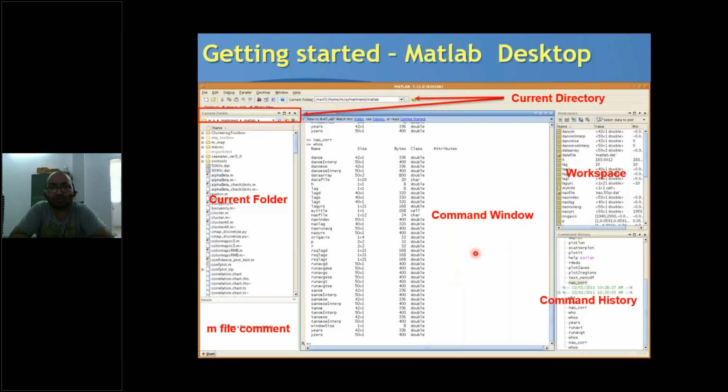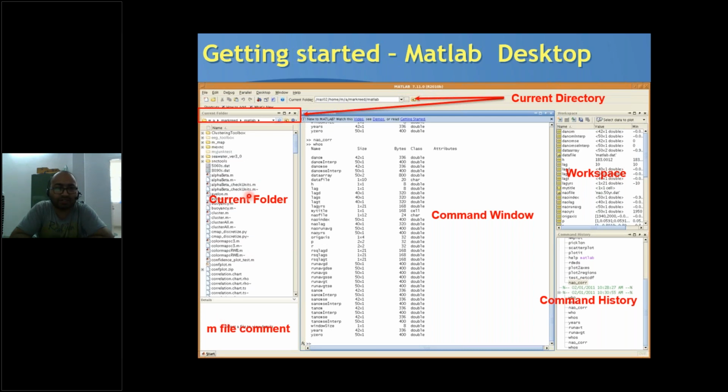Now when you open it, this picture will appear. As you can see, there are different windows available. The current folder specifies which folder you are working in and what the different files available in that folder are. The next is details.